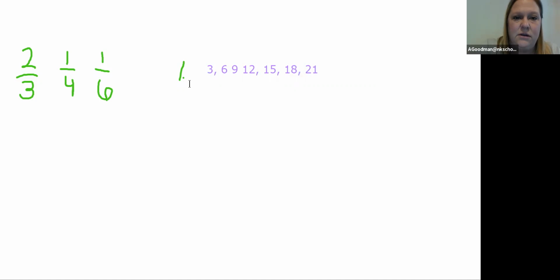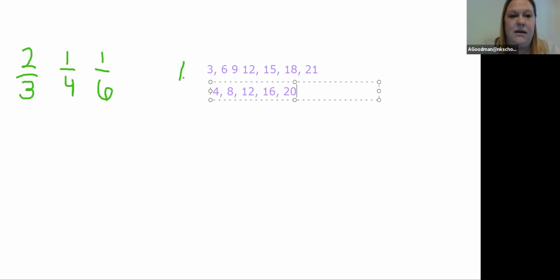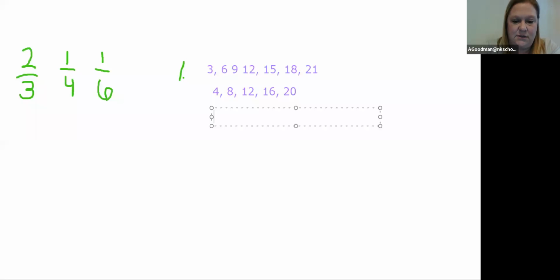The multiples of 4: 4, 8, 12, 16, 20. I think that's probably enough. And our multiples of 6: 6, 12, 18, 24, 30, 36.